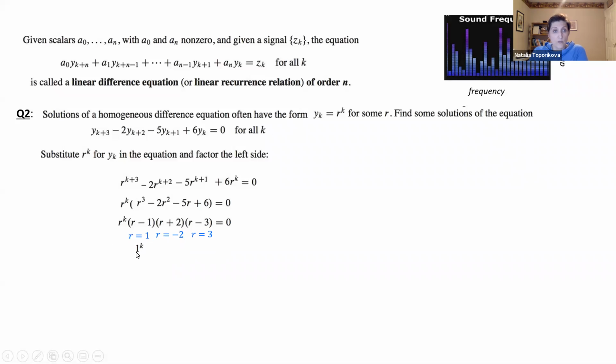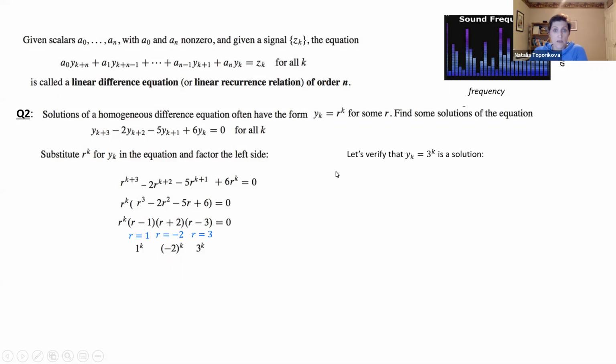The first gives us r equal to 1, so 1 to the power k. The second gives us -2 to the power k, and the third gives us 3 to the power k. All three of these are solutions to our difference equation.